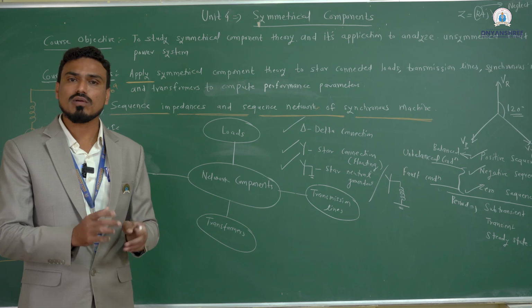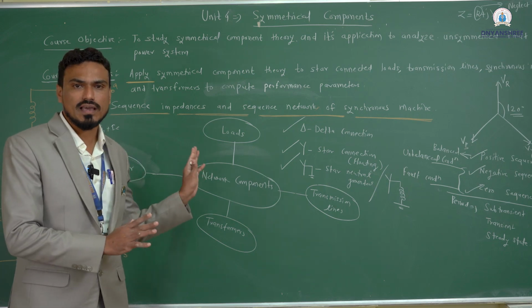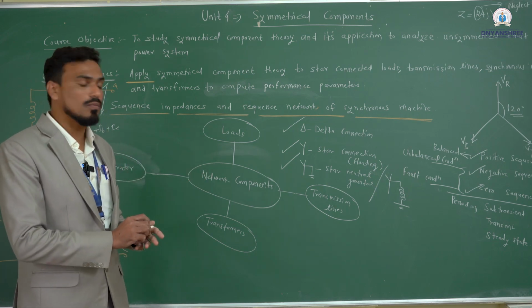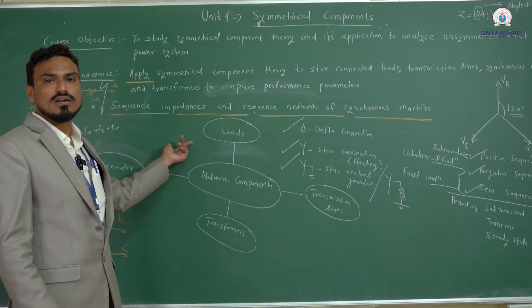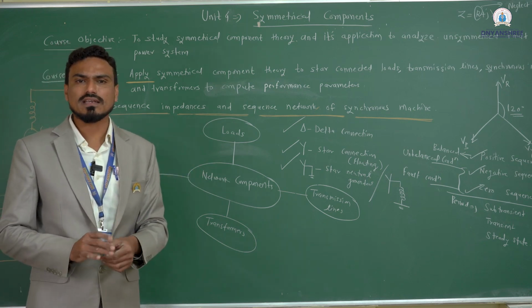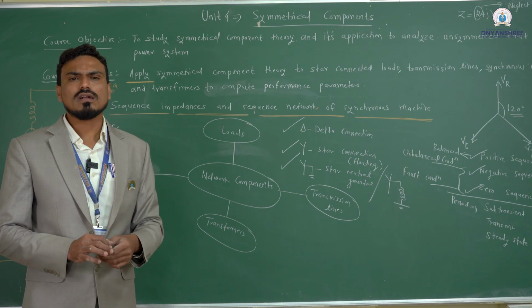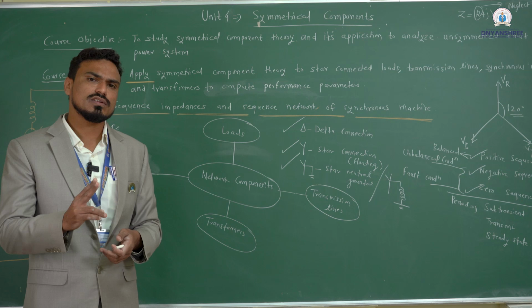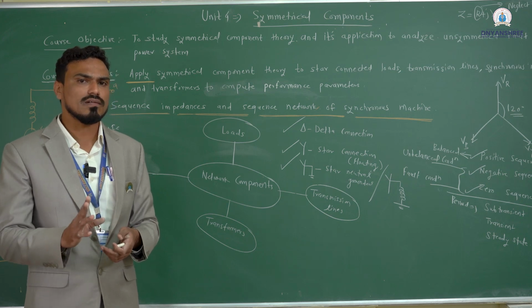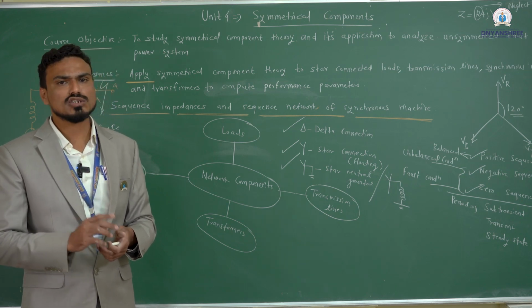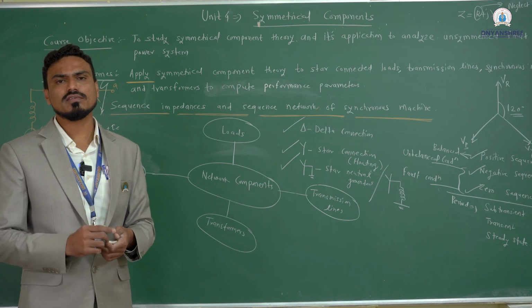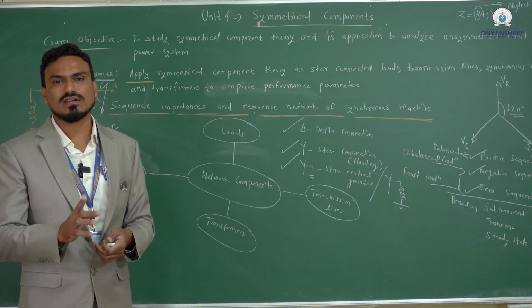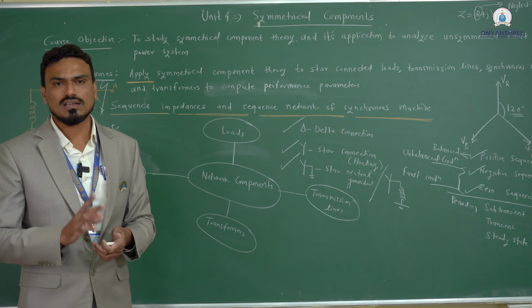So we need to understand this mechanism very importantly. What causes the unbalanced situation? There are two situations which mainly cause unbalancing in the power network. One is unbalanced load, and the second one is faults, unbalanced faults.